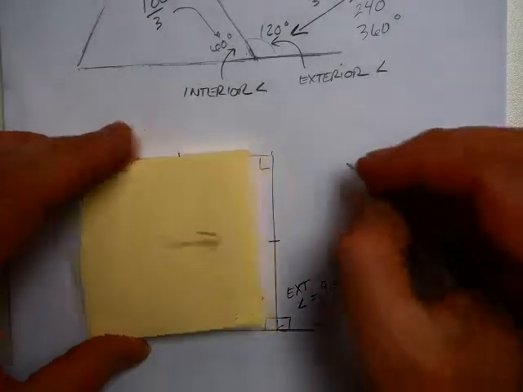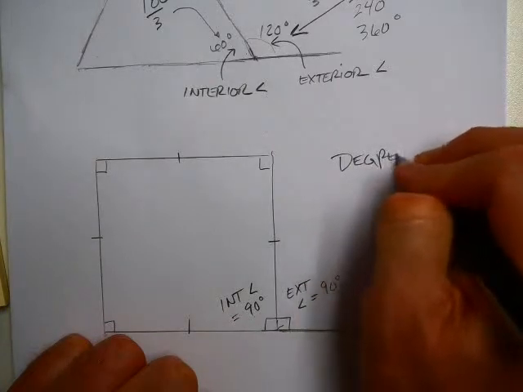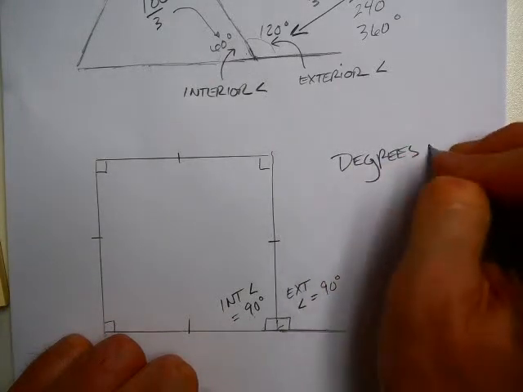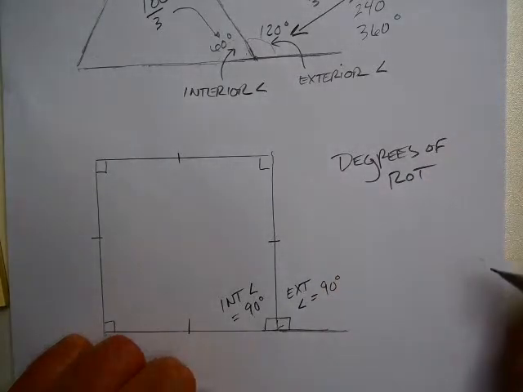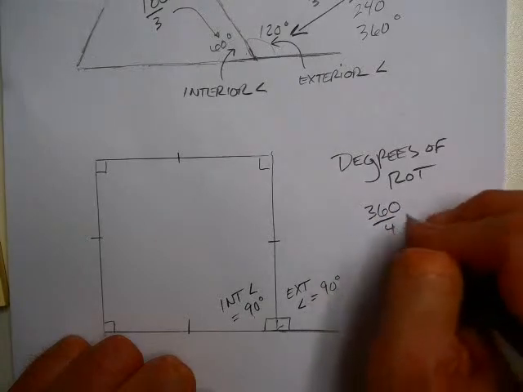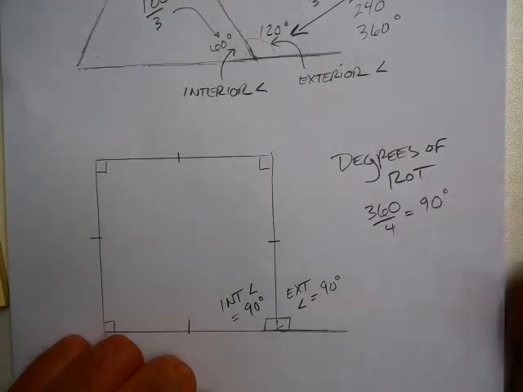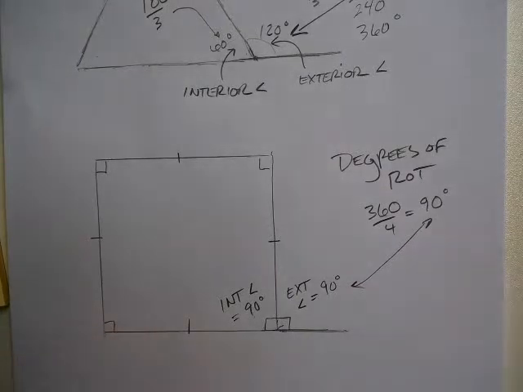Right. My degrees of rotation are going to be 360 divided by 4, which is 90. Coincidence? I think not. Right. So your exterior angle and your degrees of rotation are the same formula.